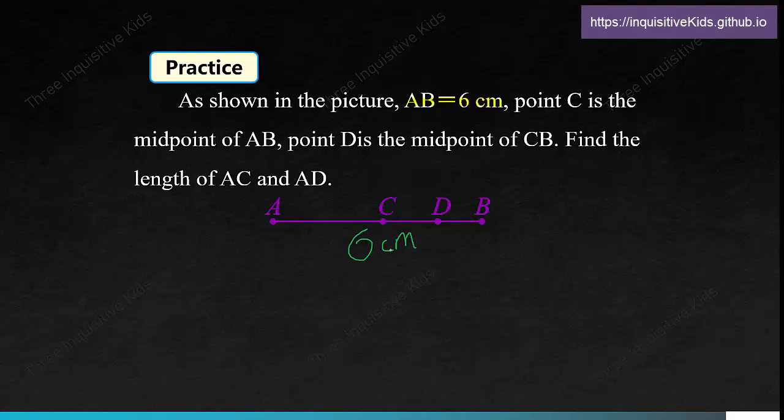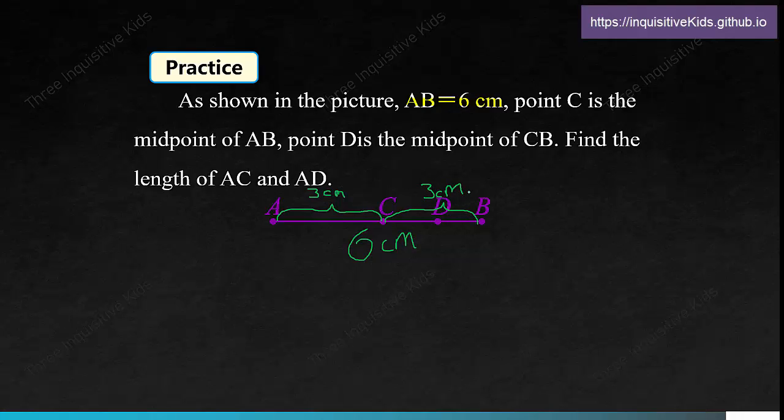So find the length of AC and AD. Well, we first need to know that AC and CB are equal, and they are both exactly equal to 1/2 of 6 centimeters. So if this whole thing is 6 centimeters, and AC and CB each is 1/2 of 6 centimeters, then this has to be 3 centimeters, and this has to be 3 centimeters.